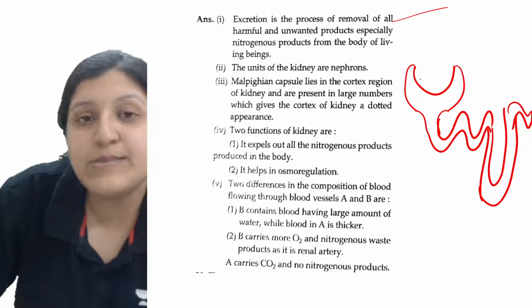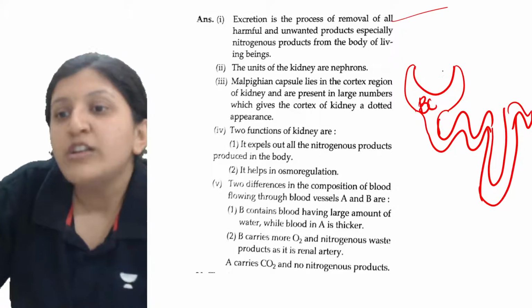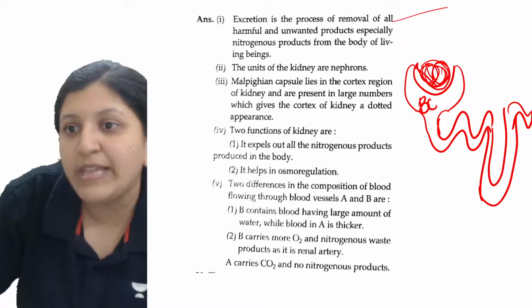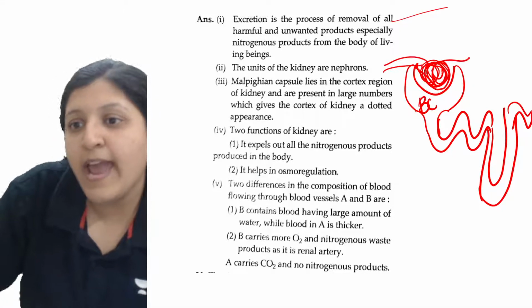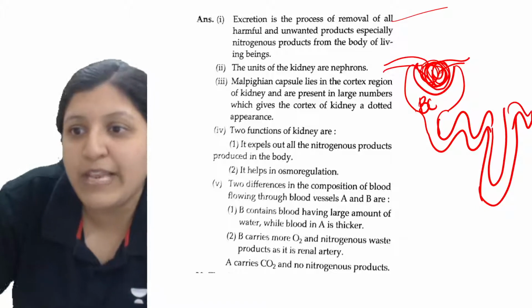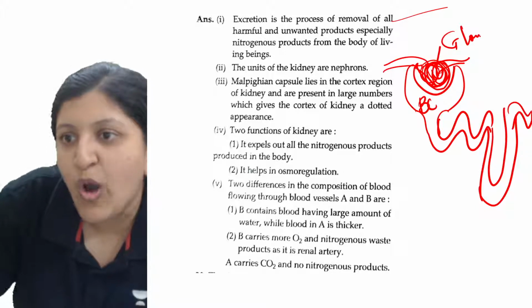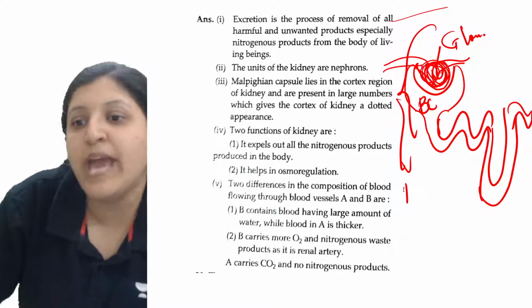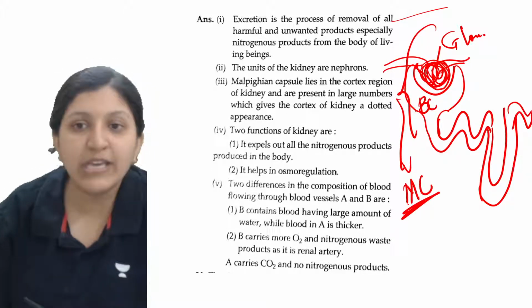Now in this Bowman's capsule, you can find the glomerulus, a tuft of capillary. And this particular tuft of capillary, we call glomerulus. Glomerulus and Bowman's capsule together we call the Malpighian capsule.